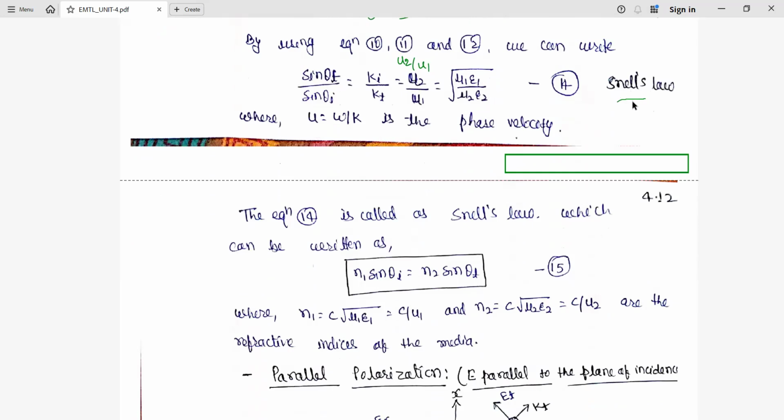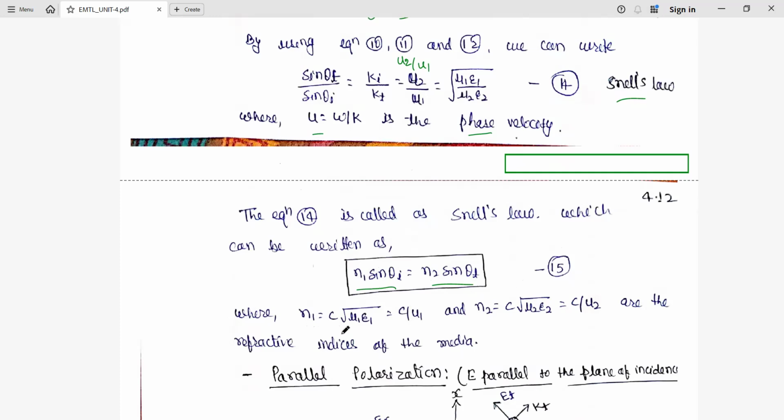This is also called Snell's law, where u is omega by k, known as the phase velocity. So equation 14 is also known as Snell's law, which can be written as n1 sine theta I equal to n2 sine theta t.